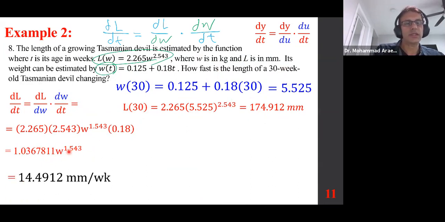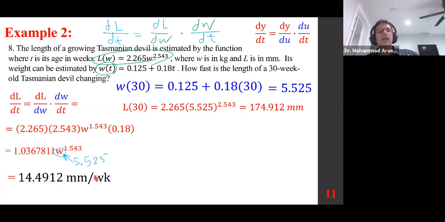And when we plug in, we replace the W with 5.525, resulting in this number, almost 14.5 millimeters per week.